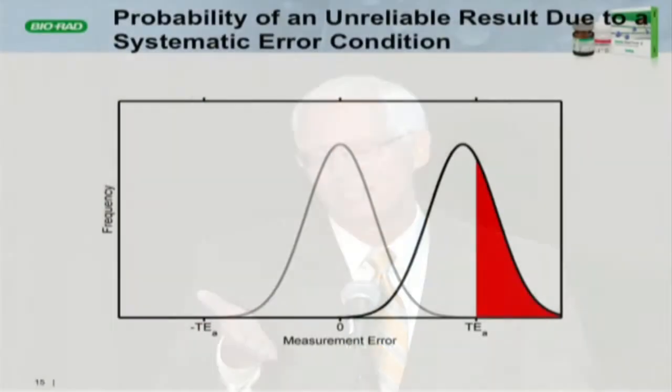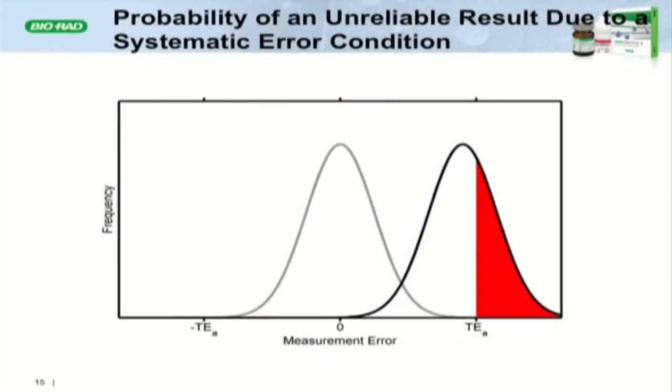In this particular case, it looks like maybe while this state existed and I was producing results, I might expect 30 to 40% of them to be incorrect. The other 60 to 70% would still have measurement error in them that would be less than what I consider the allowable total error. And I can compute, for every possible shift, magnitude of error, what the probability is of producing unacceptable results if that out-of-control condition were to exist.